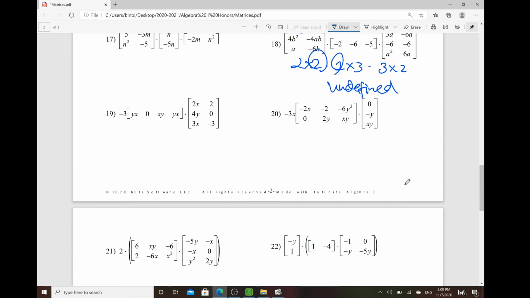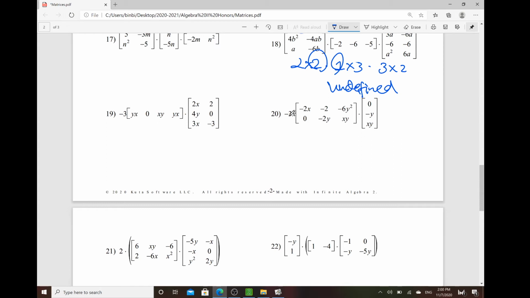And what about number 20? The size of the matrix here is 2 by 3, and this one is 3 by 1, so this one should work. Before you do that, you probably want to distribute that negative 3x.